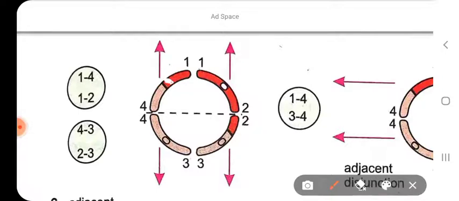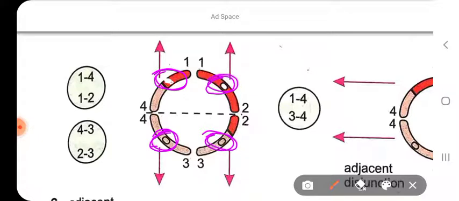Homologous centromere means, you know what I mean to say here. So here we can see in adjacent type 2 segregation, it is also an open ring configuration where the two homologous centromeres, we can see here, these are two homologous centromeres. This centromere is homologous to this one.